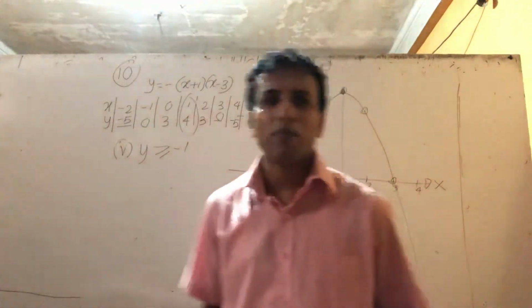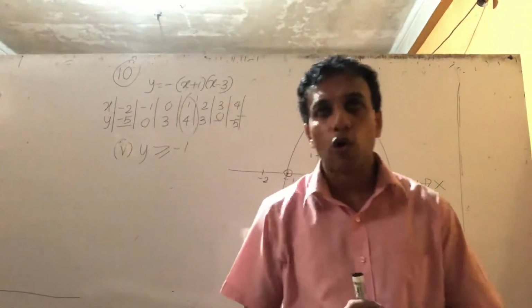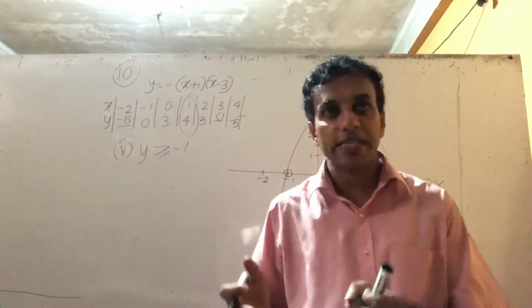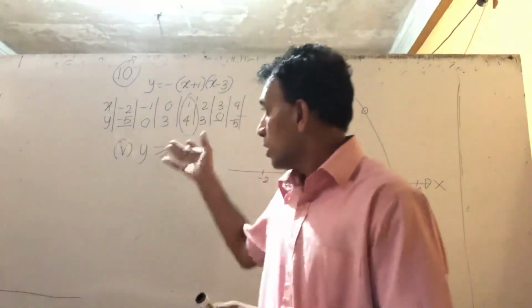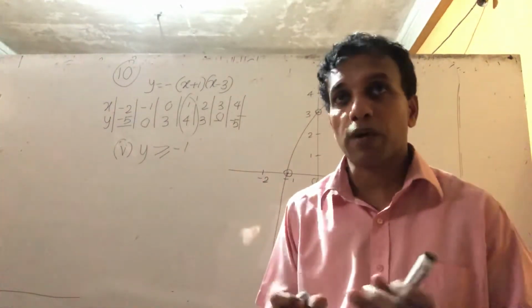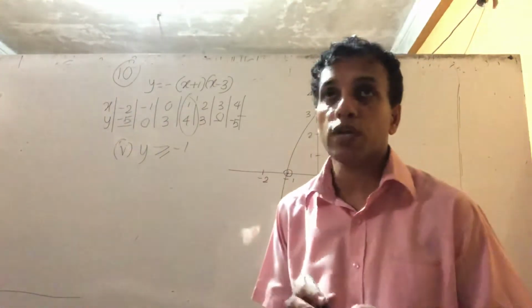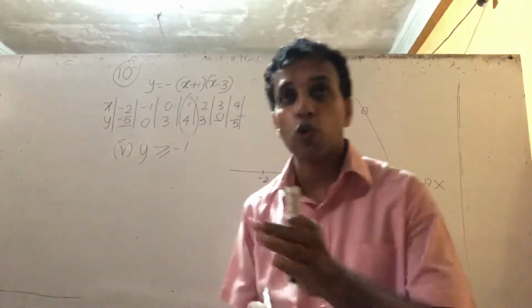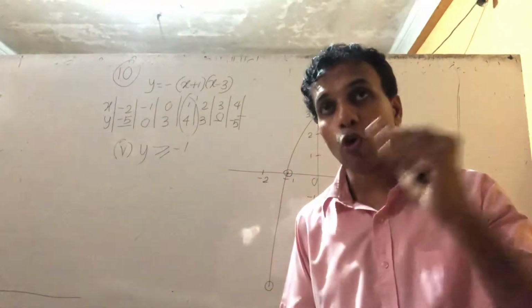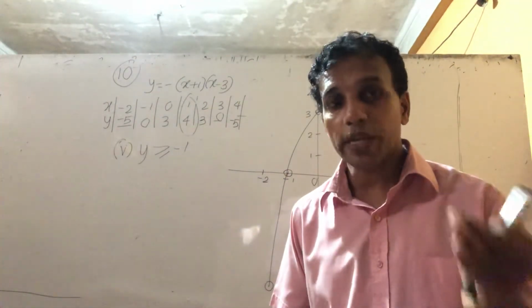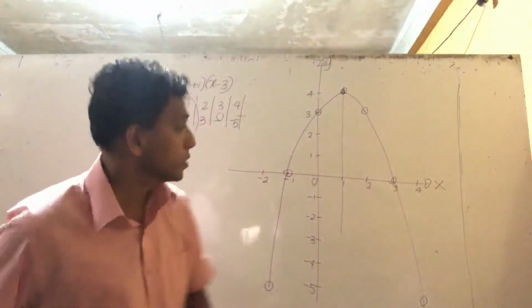It's a very clear problem. Those who followed my video in order, keep in touch. This is my explanation, my workings here, a simple part. So y is greater than or equal to minus 1. Now you draw the line where y is more than or equal to minus 1.